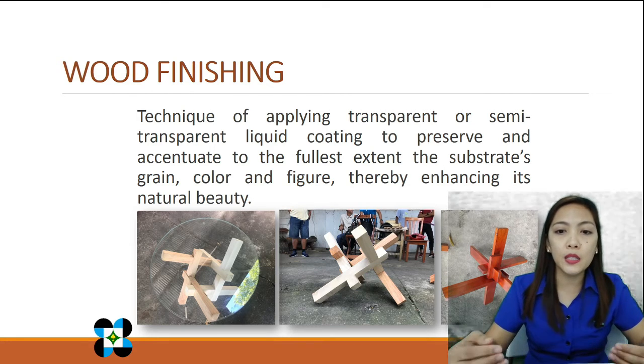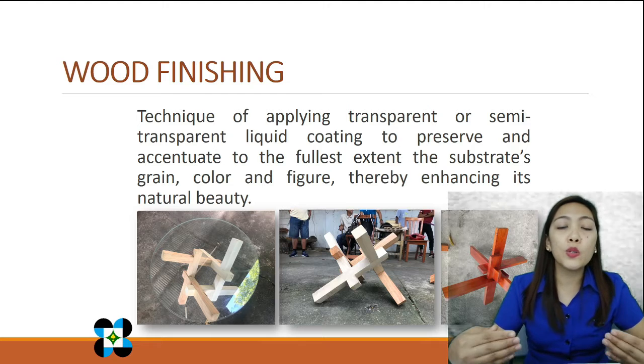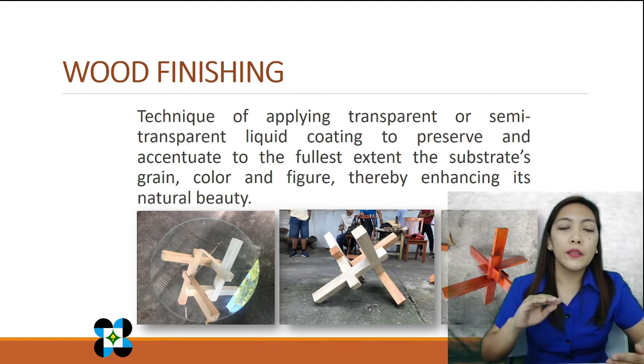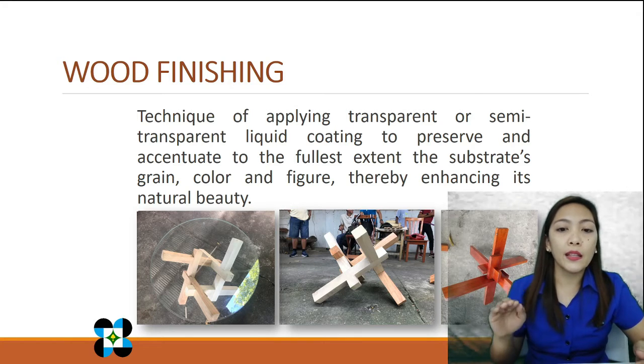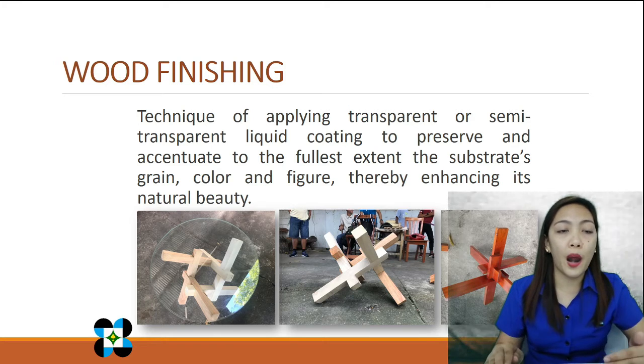In wood finishing, we use a transparent or semi-transparent finish, no? As compared with painting, kung saan we use opaque finishes to hide the natural structure or the natural color ng ating substrate. But in wood finishing, we use semi-transparent or transparent coating.